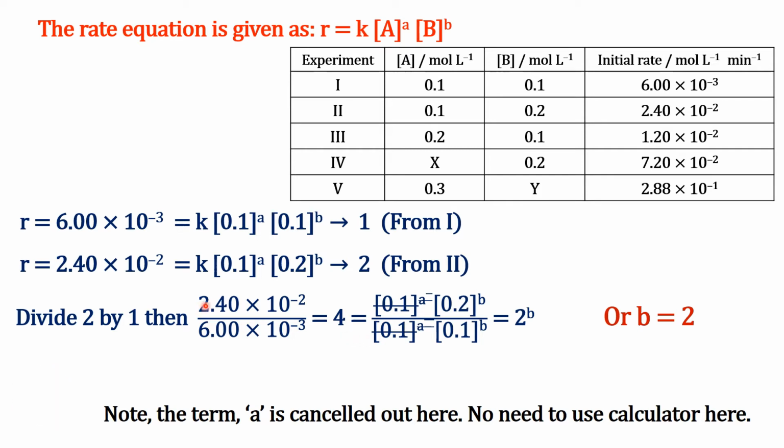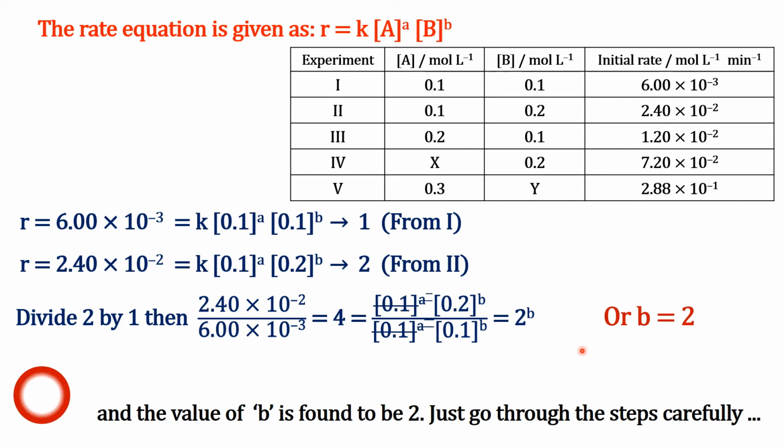Just divide 2.4 by 6 into 10 power minus 3, which gives 4. So b is equal to 2. And the value of b is found to be 2. Just go through the steps carefully.